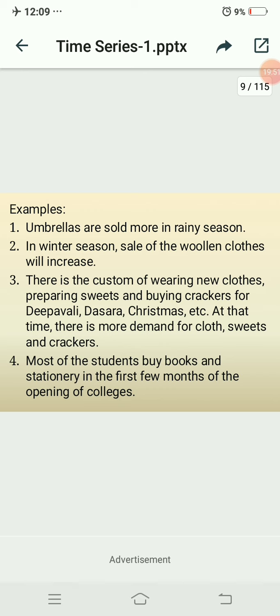Fourth, most of the students buy books and stationery in the first few months of the opening of colleges. Books and stationery are sold more at college opening time. These are the 4 examples for seasonal variations.